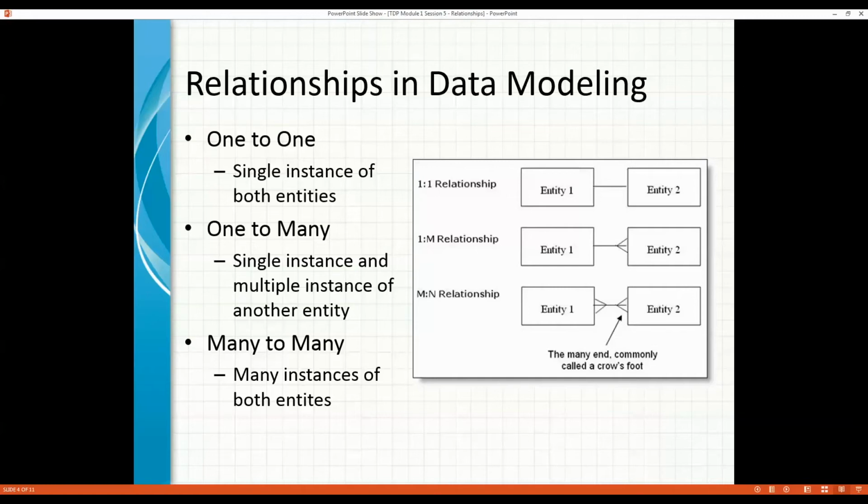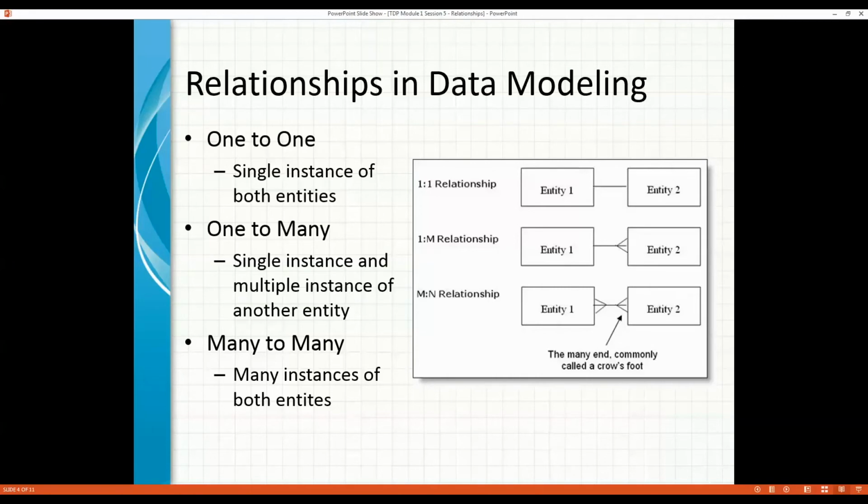And then lastly, we have a many-to-many relationship. This is when there are many possibilities or instances from one entity connected to many instances of another entity. In the example to the right, we've shown how you would display these using simple crow's feet.